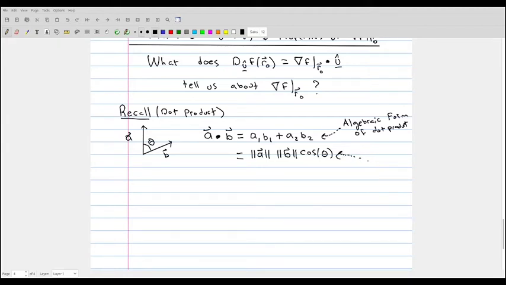And this is sometimes called the geometric form of the dot product.